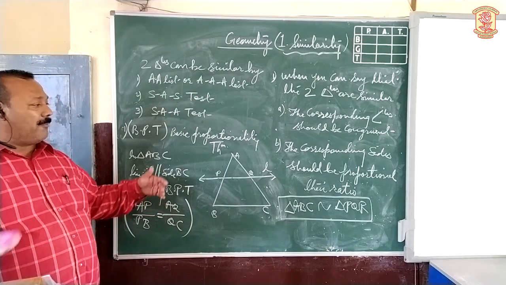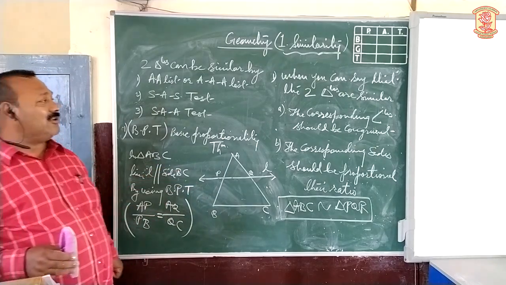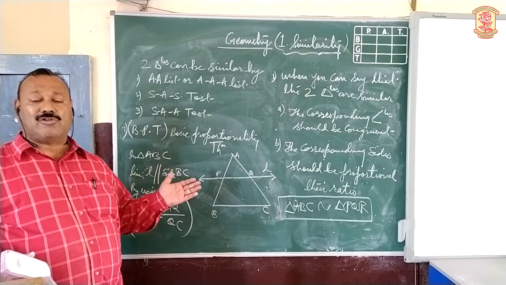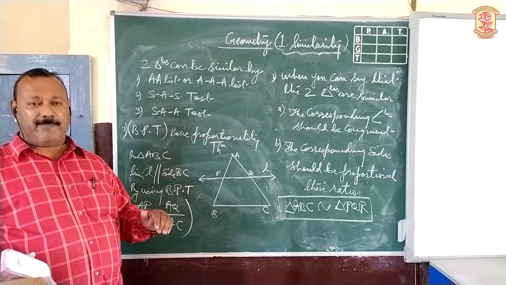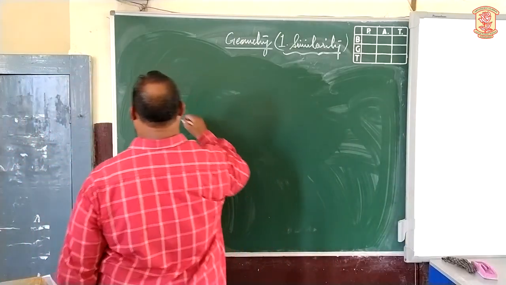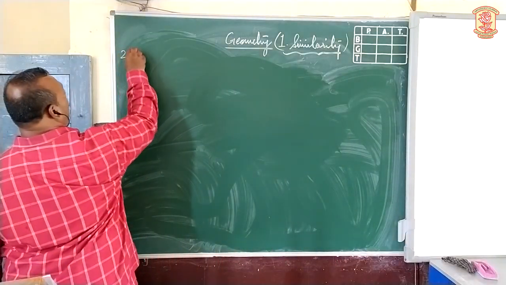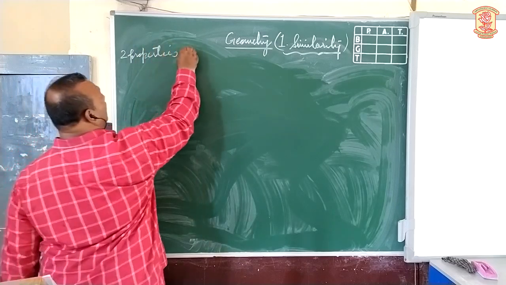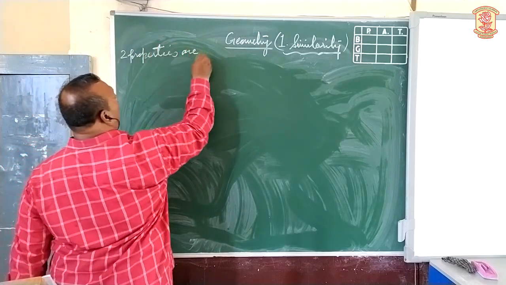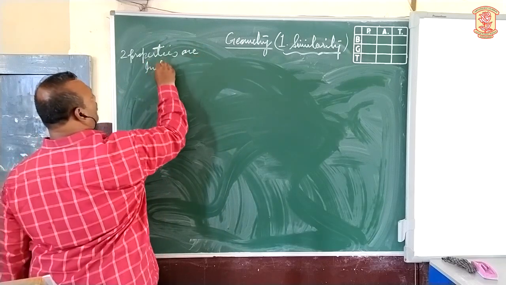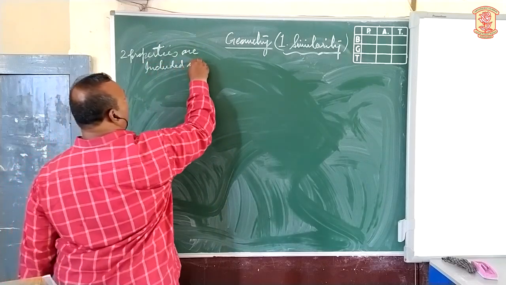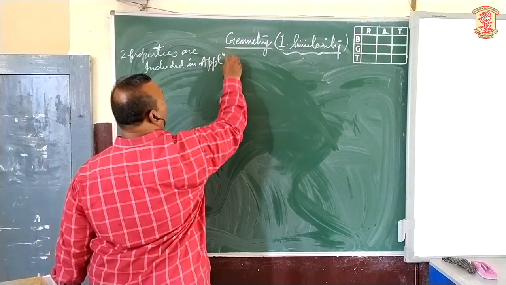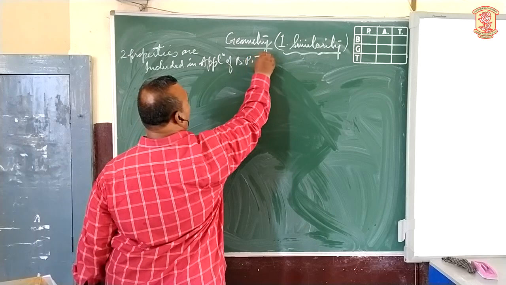Now we will proceed to the next property. Two more properties are there, and you can also call them applications of BPT. These two properties are included in the application of BPT.